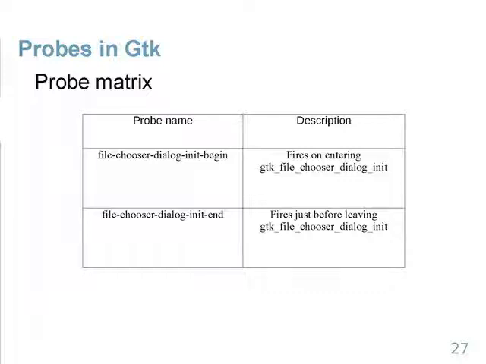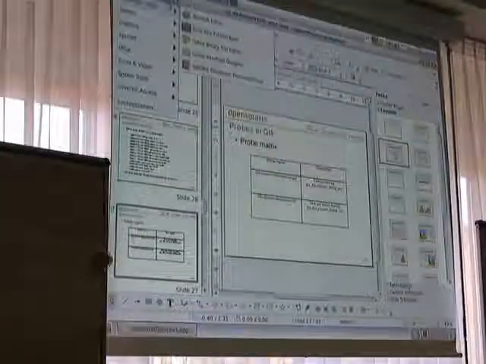Yeah, probes in GTK. GTK is the GIMP toolkit. This is used to draw the widgets you see on GNOME. This is one particular widget which often has taken a lot of time and people lost patience on this. This is the file chooser dialog which you see in your text editor, for example.